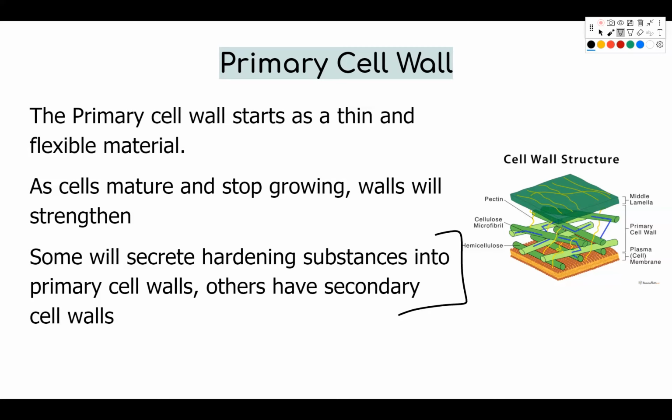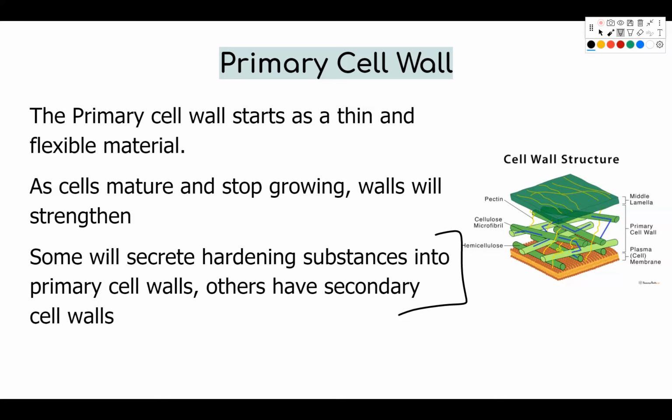And that is how that cell wall matures over time, how it goes from this thin and flexible material to our strengthened one. One of the ways this happens is through the secretion of these materials that will harden into the primary cell walls. So there are two ways that we can strengthen our cell walls.